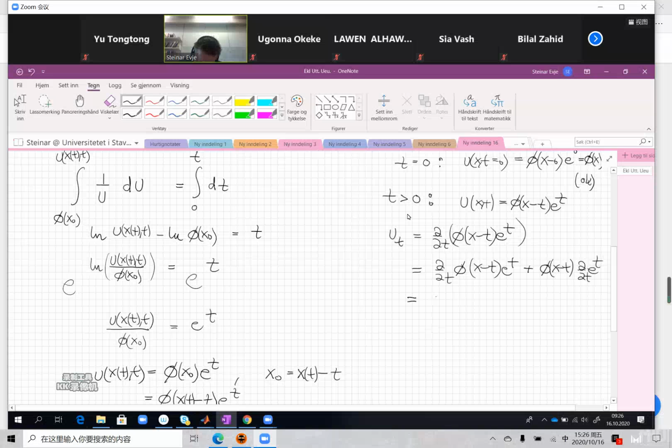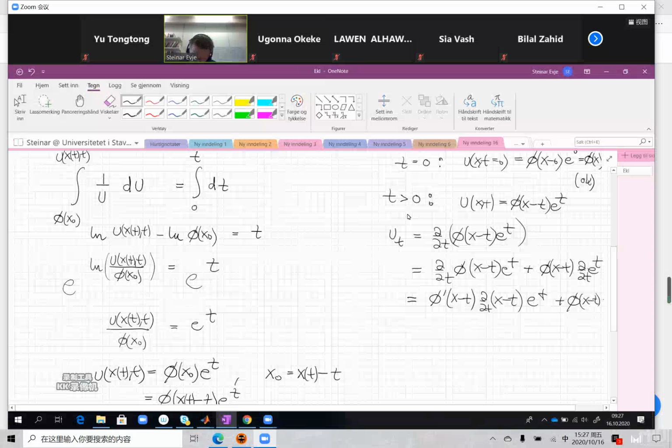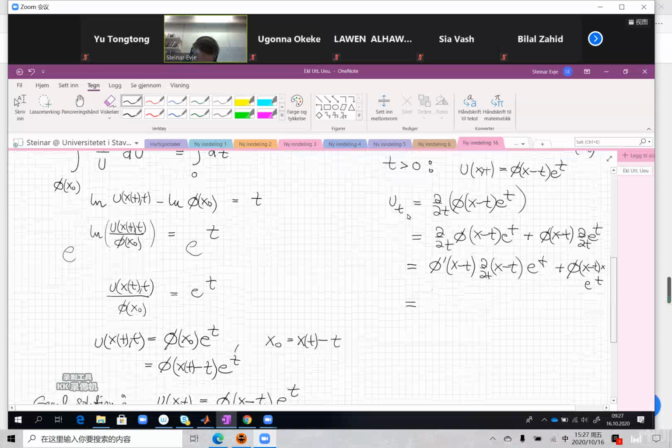Further calculations here will give us φ'(x - t), and then we take the time derivative of x - t. And for the second term, we just take the time derivative of the exponential function. That will give us nothing new, just give us back the exponential function.